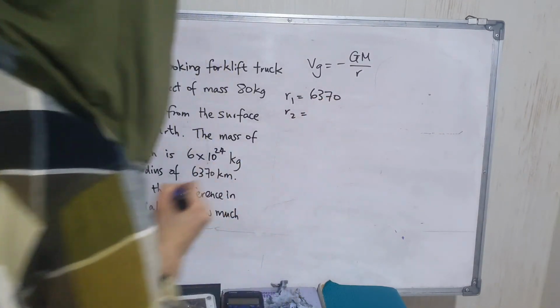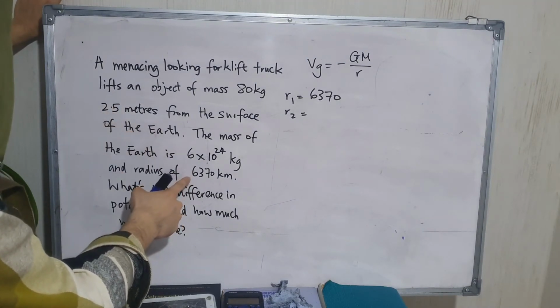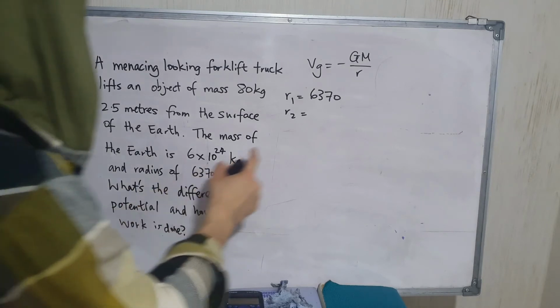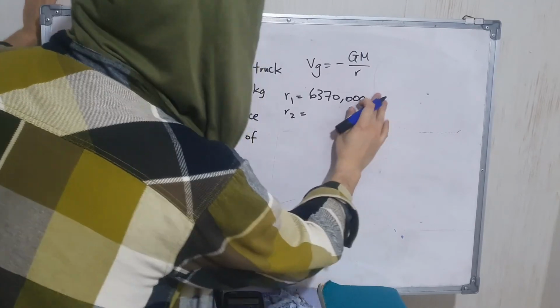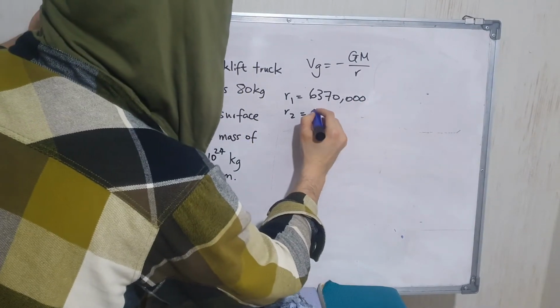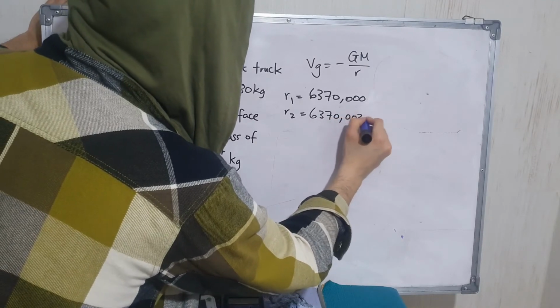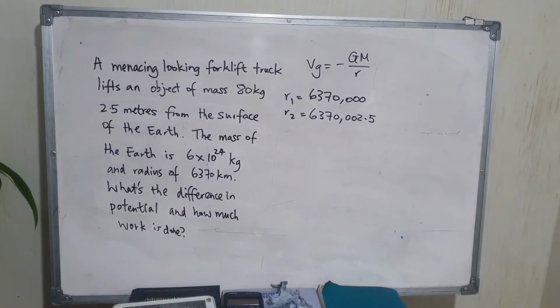And what's R2? R2 you add 2.5 to it. Convert that into meters, 3 zeros, not 4. So that will be 6370002.5. Those will be your different values for R.